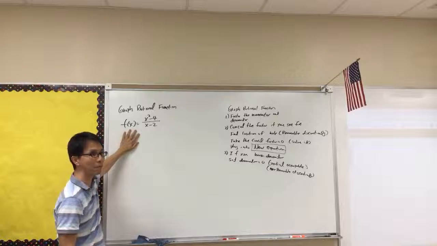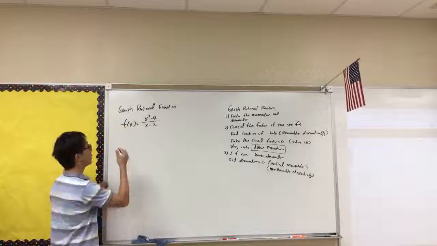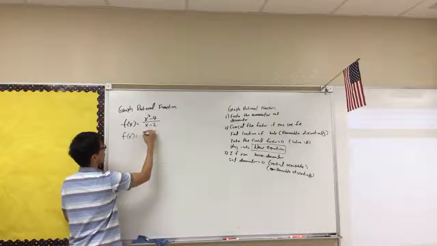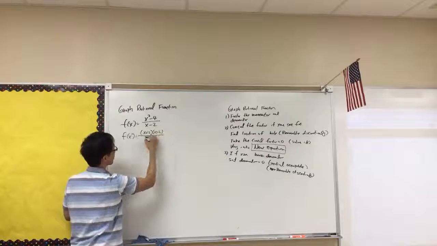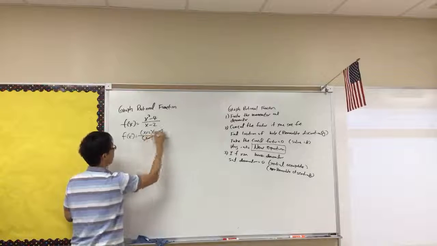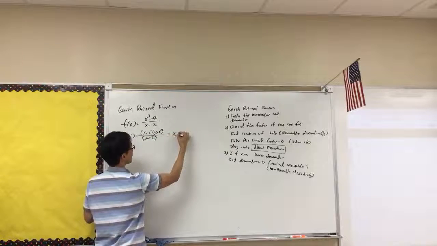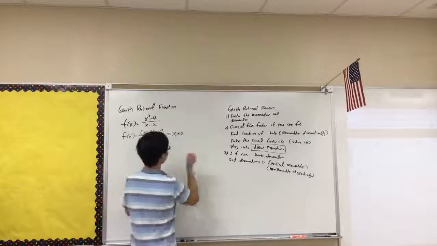Very, very simple. You take the equation and say, okay, let's factor the top and bottom. It's going to be x plus 2, and I can just cancel this. Once you cancel, you get your new equation, x plus 2.